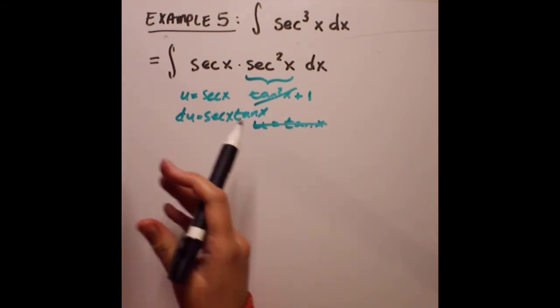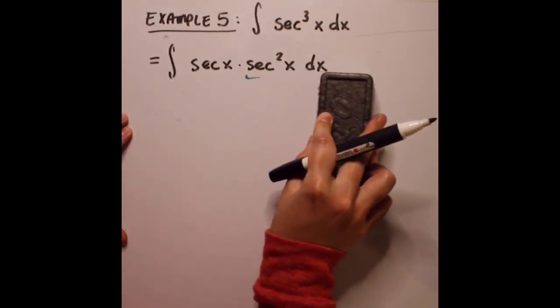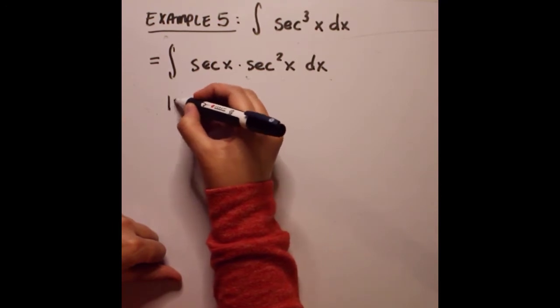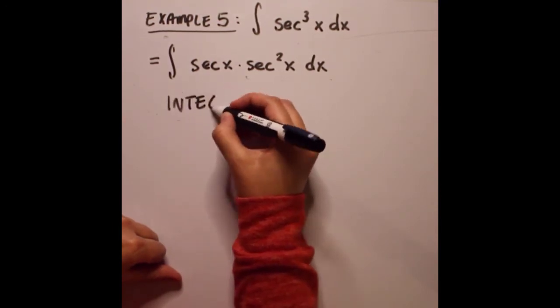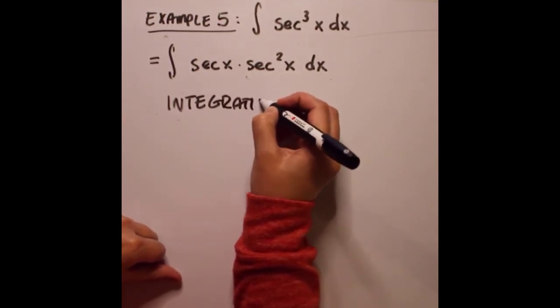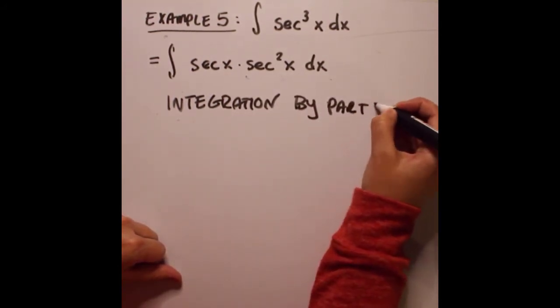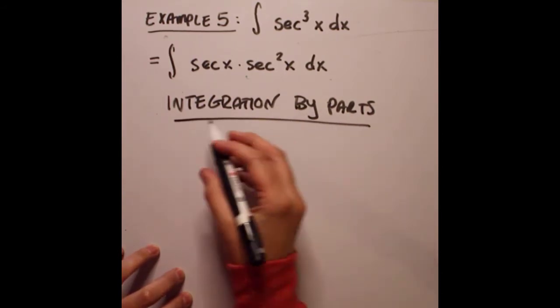And so what's actually going to work is integration by parts. You might not have thought about that at the beginning, but this is the process we're going to use for this example. So integration by parts, let me remind you of how that looks.